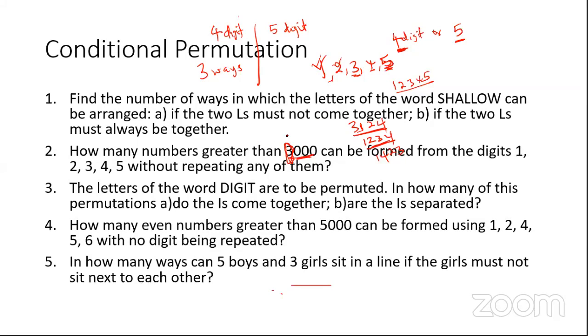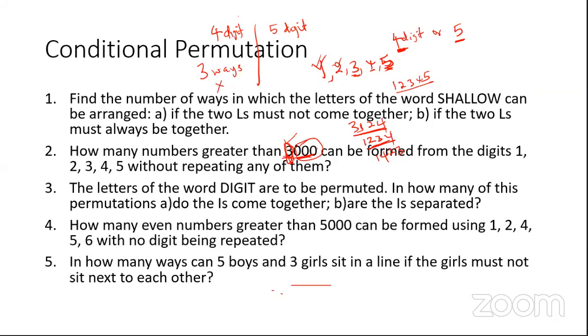So from this now, I have 3 ways of filling the first cell. For the other digits, it means I haven't sorted the issue of the first digit. I need to sort the remaining 3 digits. So 3 ways for picking the first one.